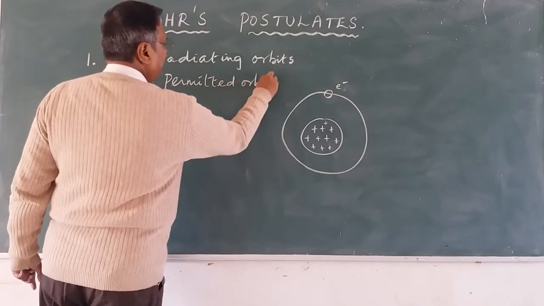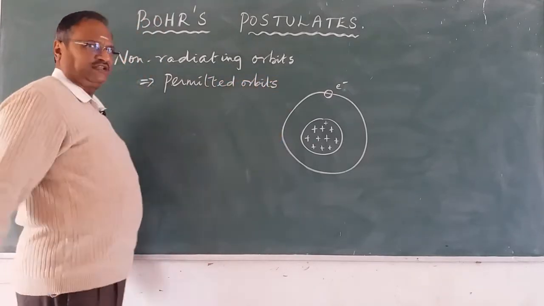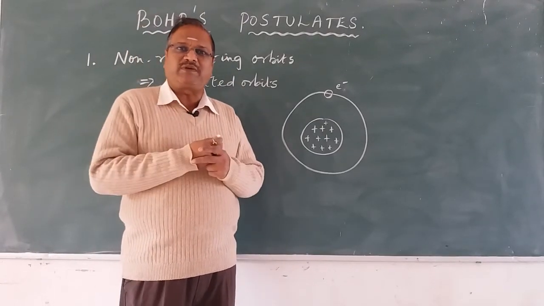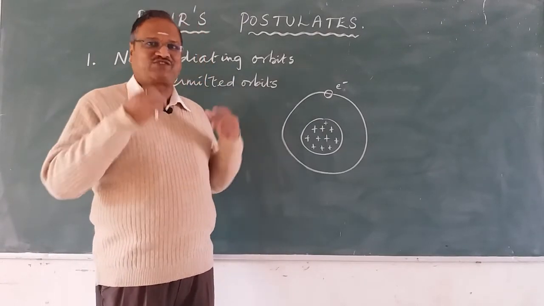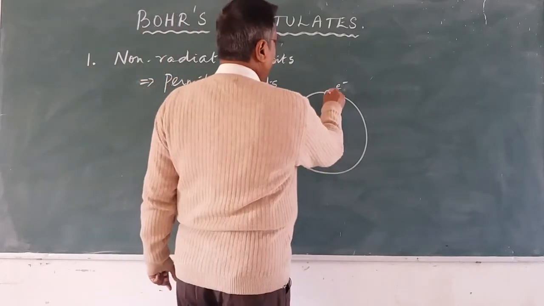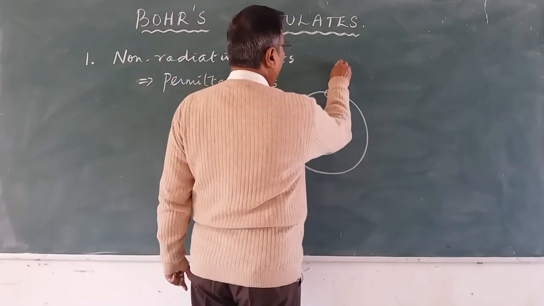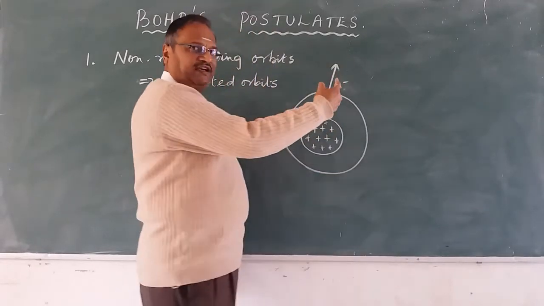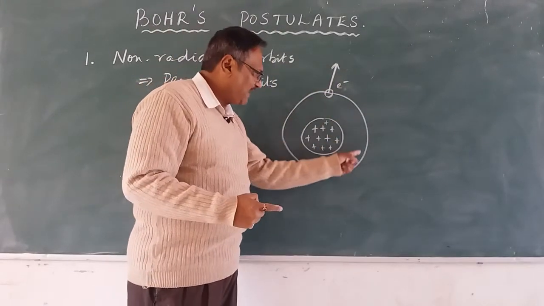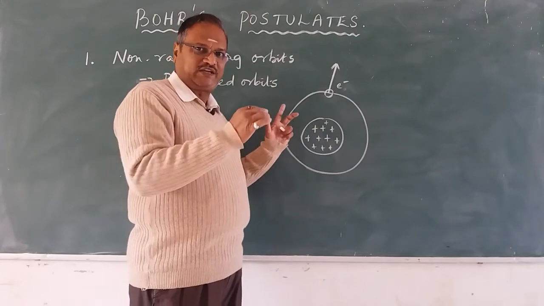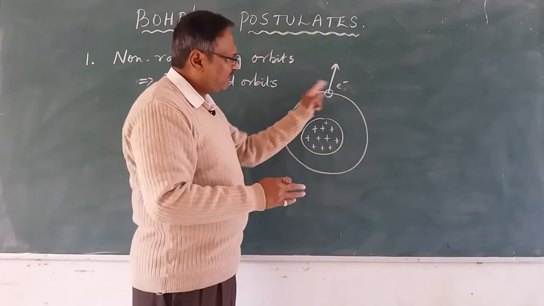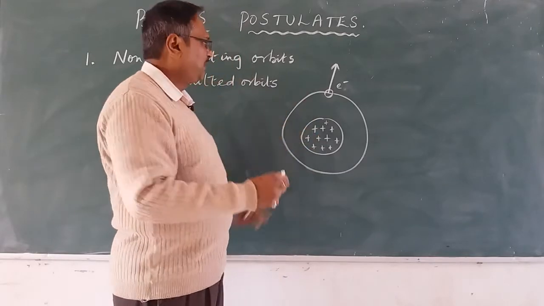Okay, if this is so, then how are we seeing the line spectrum? How is the line spectrum coming? Yes, he got an answer for that. He said when an electron jumps from one energy level to another energy level, it's not really an actual path, it is just an imaginary circle I have drawn, but the electron is revolving in its own way.